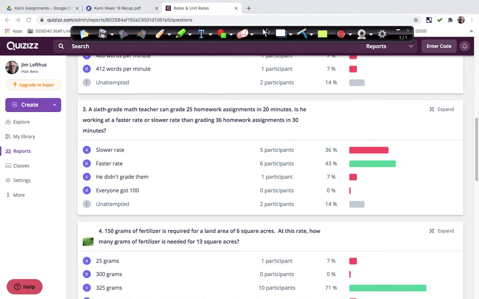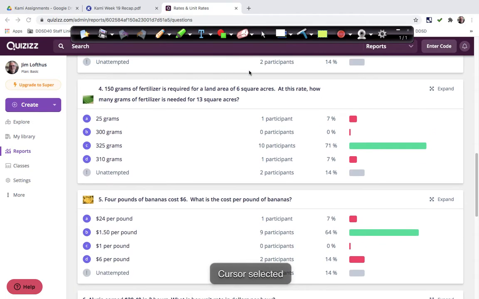Okay, problem number 4. For 150 grams of fertilizer is used in 6 acres. I'm just going to put an A for acres. Acres are square, so I'm not sure why they put square acres. And so we want to get to 13.